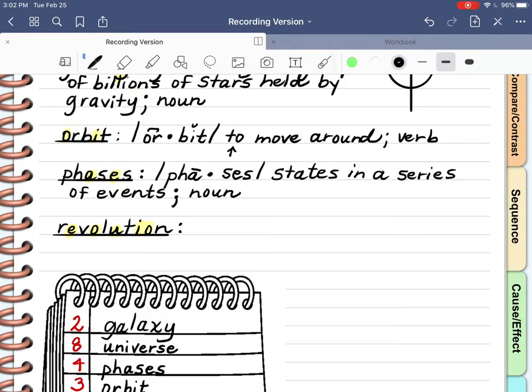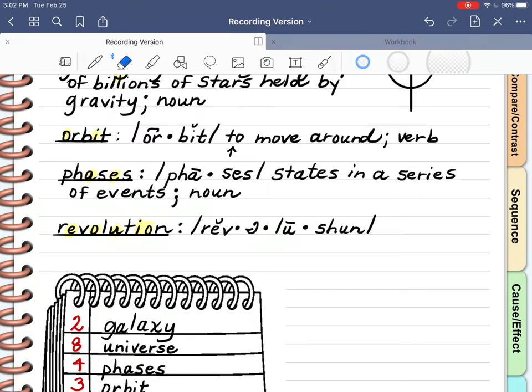So this one has 4 syllables. Rev, lu, shun. You have 2 vowels working together in that last syllable. It's pronounced shun.